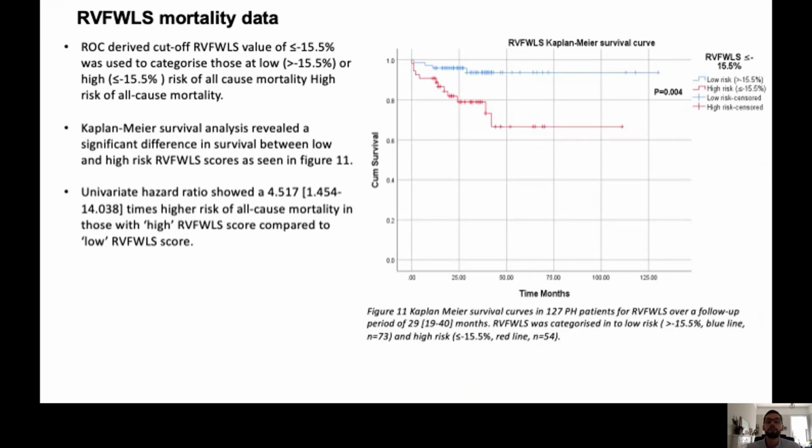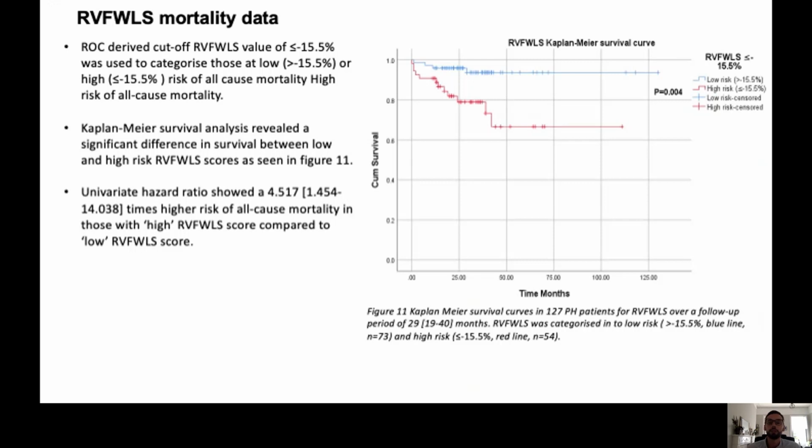ROC curve analysis was used to determine the optimal RV free-wall longitudinal strain value for predicting all-cause mortality. A cutoff value of less than or equal to minus 15.5% was used to distinguish those at high or low risk of all-cause mortality. Kaplan-Meier survival curve analysis revealed a significant difference in survival between low and high risk RV free-wall longitudinal strain scores, as seen in Figure 11.